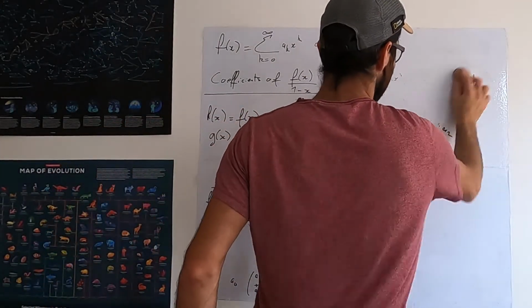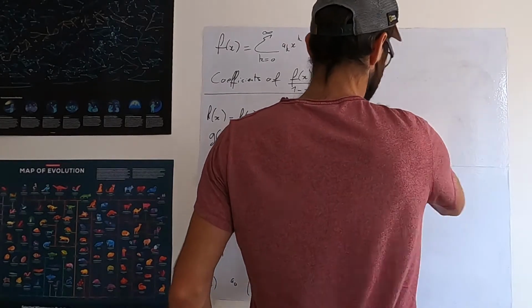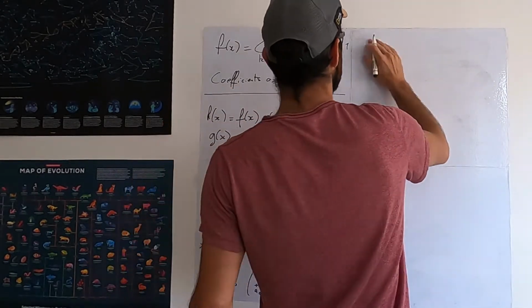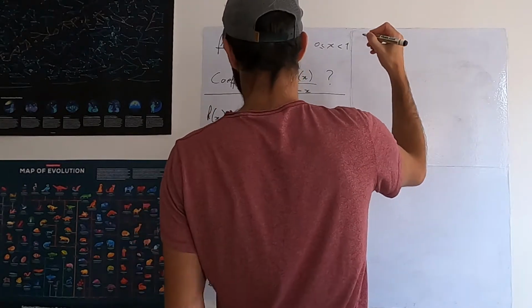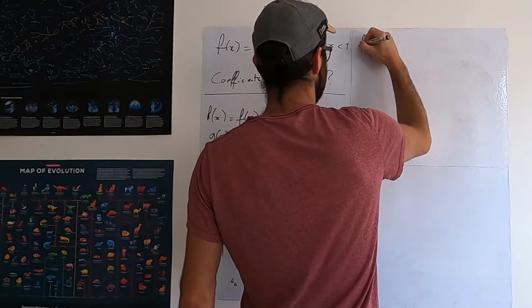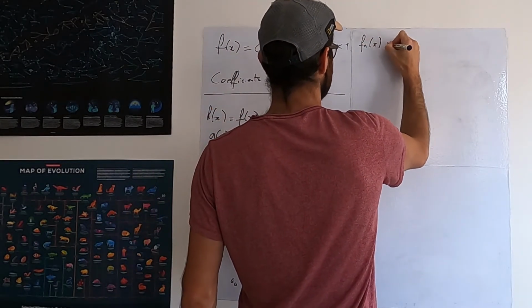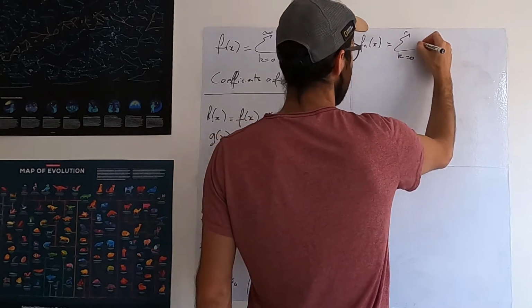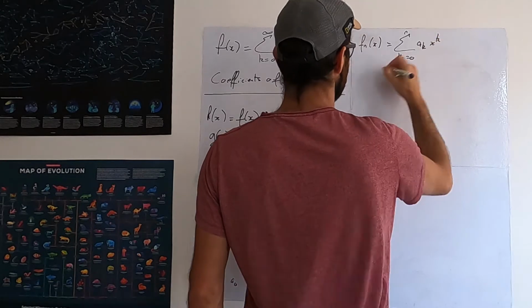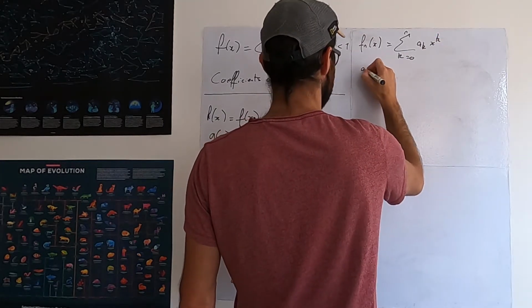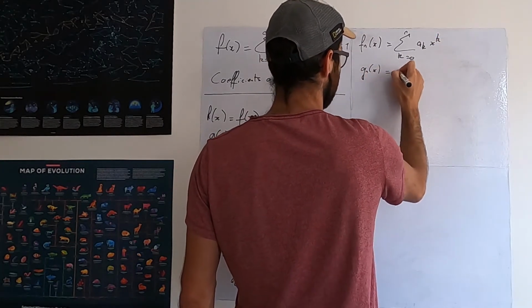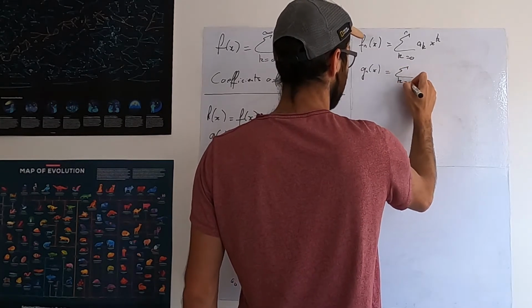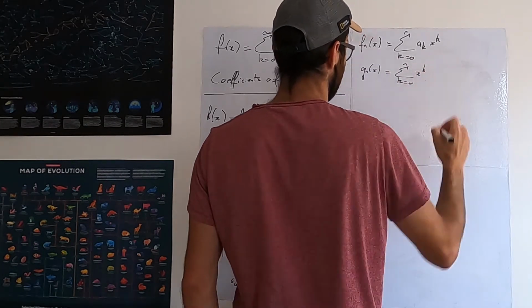So here I'm going to write the partial sums. Let's define fn of x as the sum from k equals 0 to n of ak xk. We're going to define gn of x as the sum from k equals 0 to n of xk.